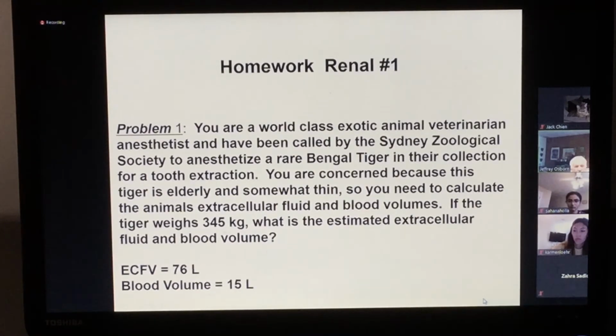Now, I've given you the extracellular fluid volume and the blood volume, and your homework for this week, between now and Wednesday, is to calculate how I came up with those estimated extracellular fluid volumes and those estimated blood volumes, and we will go through that calculation first thing on Wednesday, okay?